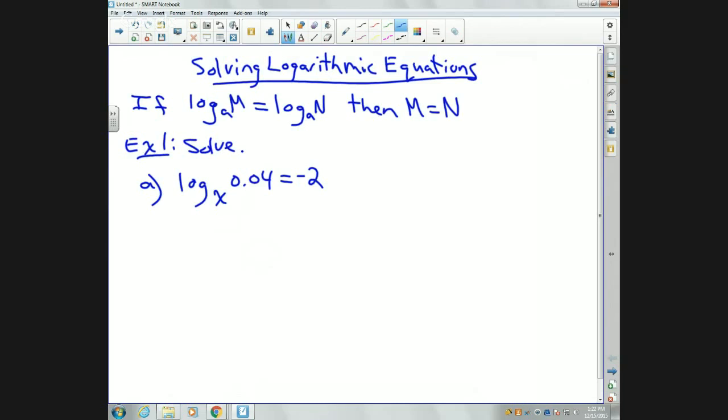In this case, we can easily change this to exponential form. What does that look like if we change this to exponential form? X to the negative 2 is equal to 0.04.